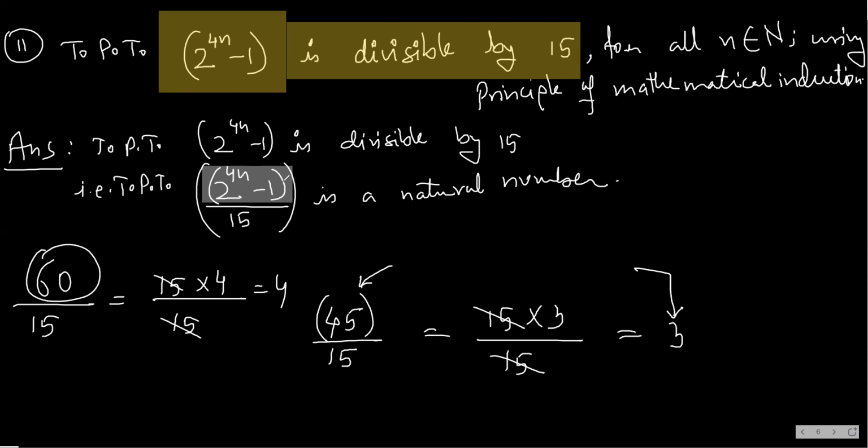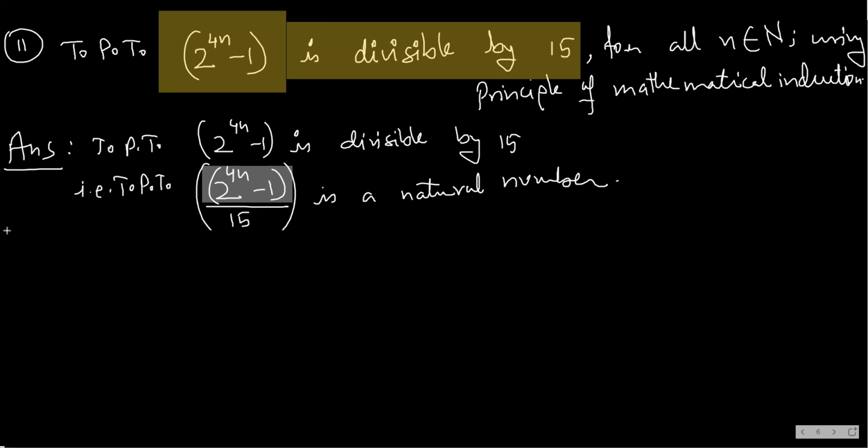So the same thing I'm writing, 2 raised to 4n minus 1 would be divisible by 15 if 2 raised to 4n minus 1 is a multiple of 15. Okay, so if it is a multiple of 15, that is 2 raised to 4n minus 1 upon 15 is a natural number.